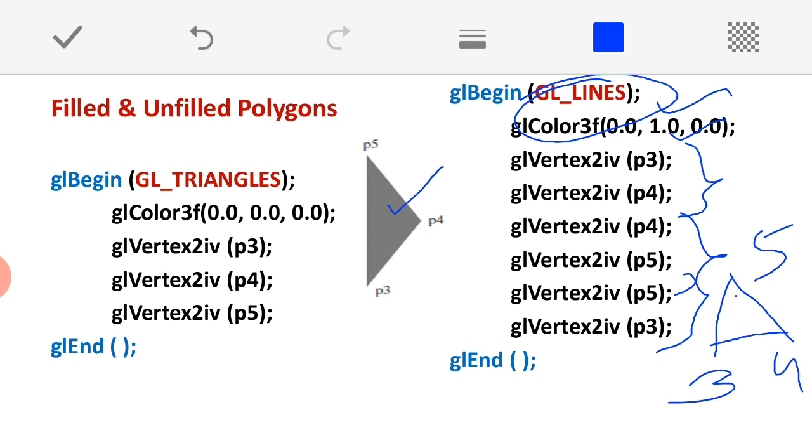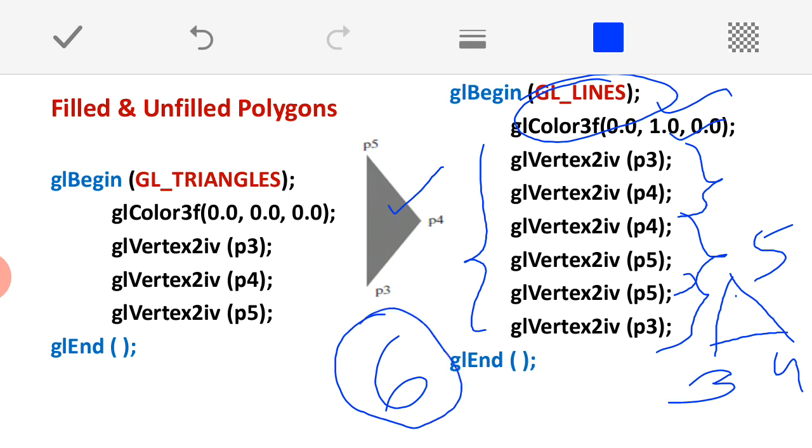So, see here I am going to draw another line. So, when I join, totally how many GL vertex functions do I need here? As I am going to use GL underscore lines, I will need totally 6 GL vertex calls. Why? Because I am drawing this polygon using the line primitive, and to draw one line I need how many vertices? 2 vertices. So, finally, I need 6.